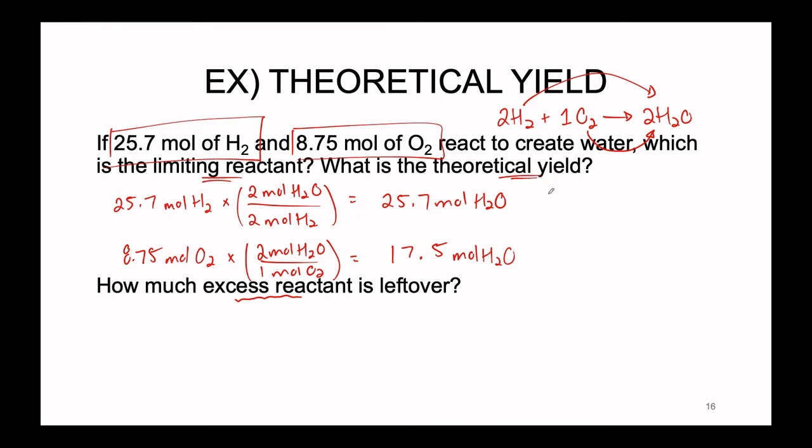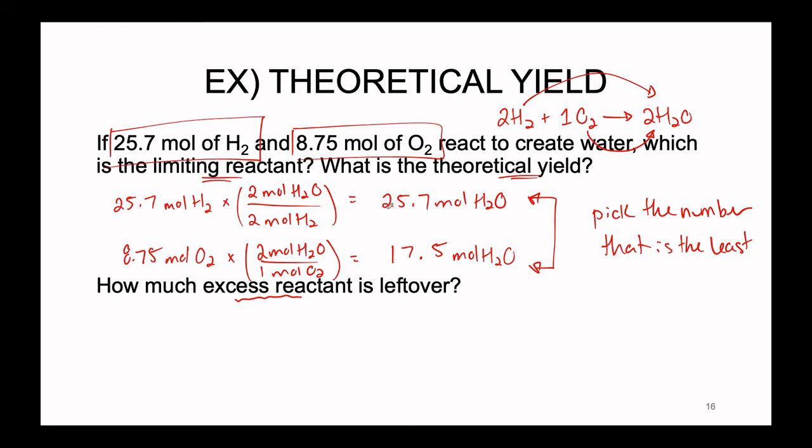So what we're going to do is compare these two outputs, and we're going to pick the number that is the least of them. And the reason why we pick the number that's the least of them is this signifies the theoretical yield, the amount that can at most be made up until one of the reactants runs out.